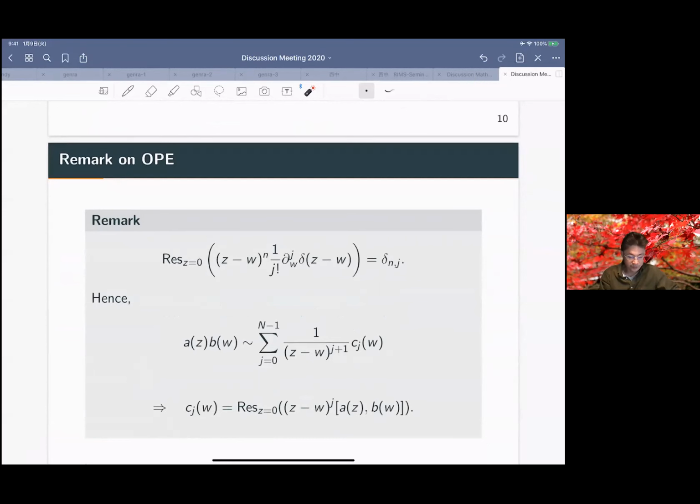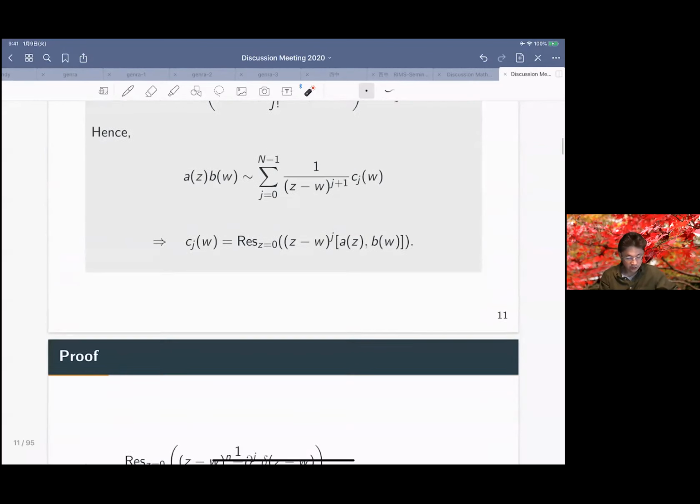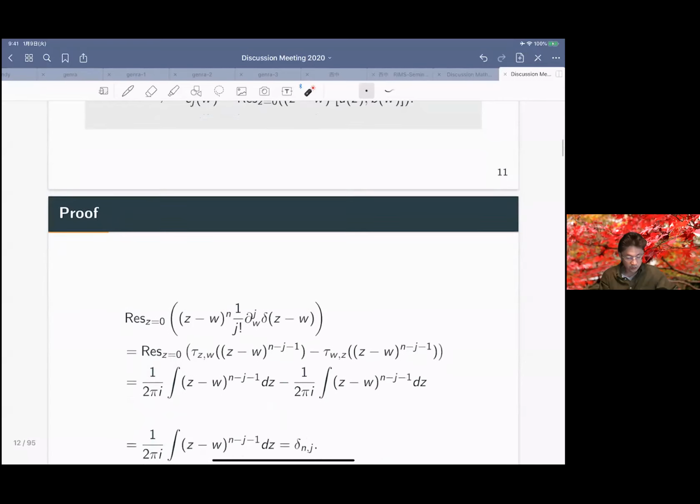So this means if A(z) and B(w) have this OPE, then this c_j(w) can be uniquely determined by A(z) and B(w) by this formula. And now this statement is also very easy to see. So let me explain why.